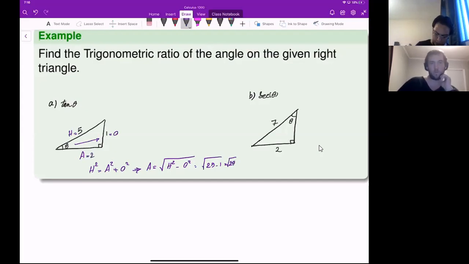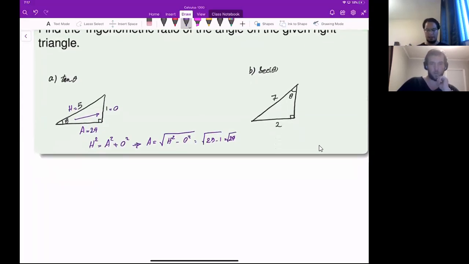Now that we found this is root 24, we can find any of these trig ratios that you want. For example, tan theta, I know it is opposite over adjacent, and in this case, it is 1 over root 24. And well, you can do a little bit of simplification, and this will be 1 over 2 root 6. You can rationalize the denominator, so it will be root 6 over.